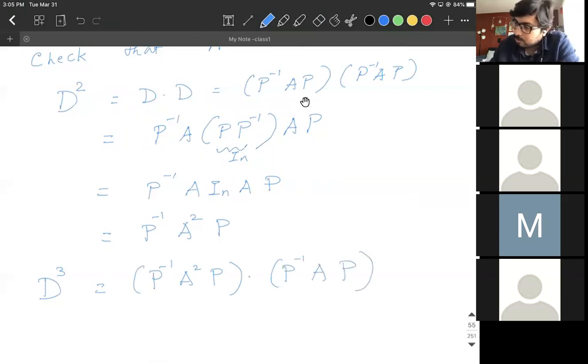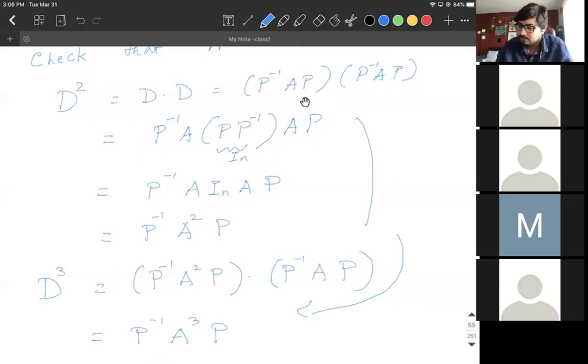And exactly following this methodology, you get P inverse A cube times P. It's exactly the same method. P times P inverse would be identity, so you'll be left with P inverse A square times A times P. So it's P inverse A cube P.